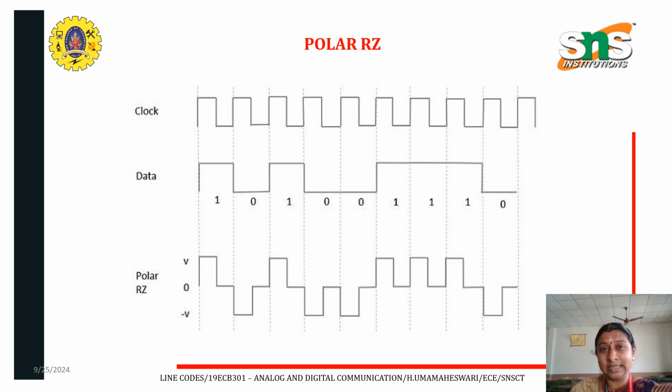So we call it return to 0. It is represented in the diagram. Then for 0, we have to start the pulse from the negative and end with the positive cycle. That is how we represent 0. But for 1, we represent using first positive and then negative.